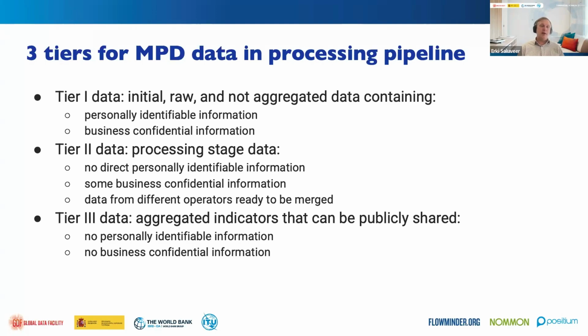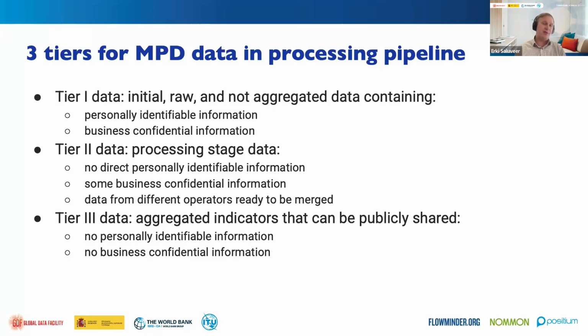So personally identifiable information is removed. And the data does have some business confidentiality information, but some of it already might be removed in tier 2. And in that stage, also the data is sensitive, but not as sensitive as in tier 1.